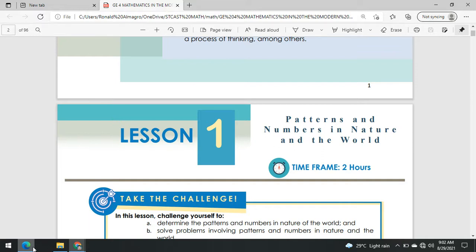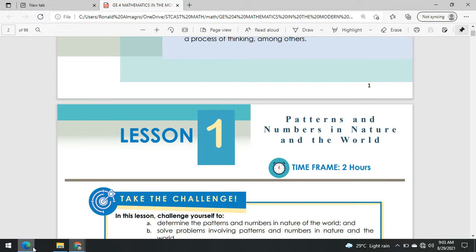In mathematics, physics and chemistry can explain patterns in nature at different levels and scales. Patterns in living things are explained by the biological process of natural selection and sexual selection. So that would be the example of patterns.